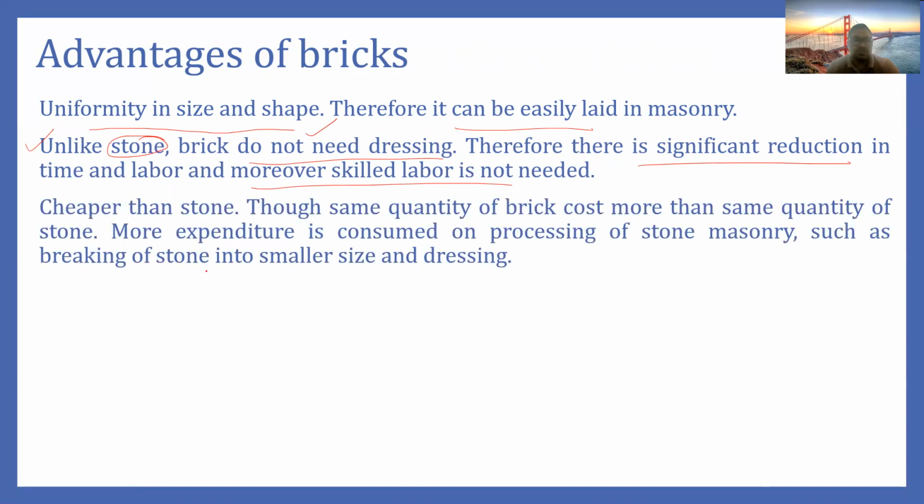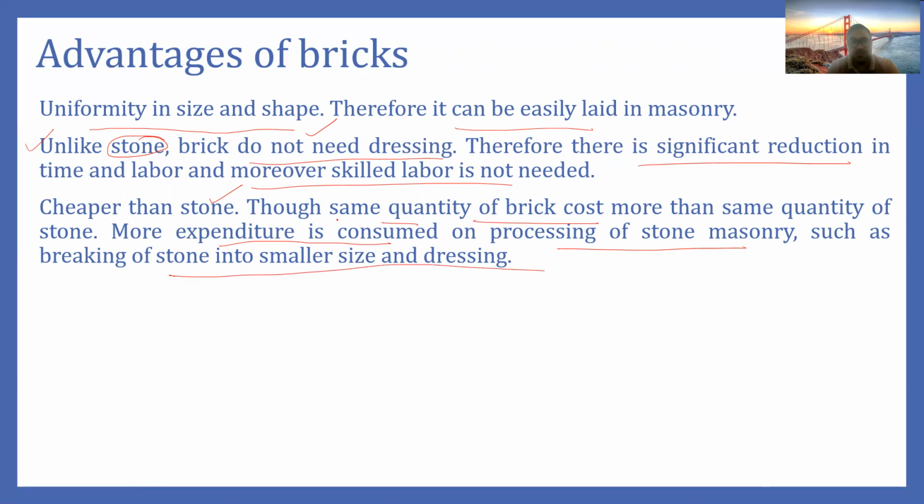The next advantage is they are cheaper than stone. Although some quantity of brick may cost more than the same quantity of stone, more expenditure is consumed on processing of stone masonry, such as breaking stone into smaller sizes and dressing.